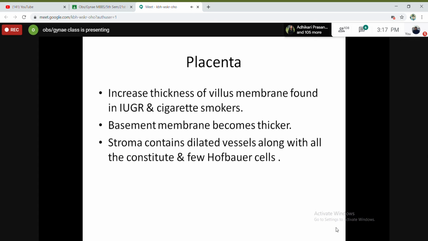Increased thickness of the villus membrane is found in IUGR and cigarette smokers. Basement membranes also become thicker in those patients, so the blood flow is decreased, and thereby the baby becomes IUGR.